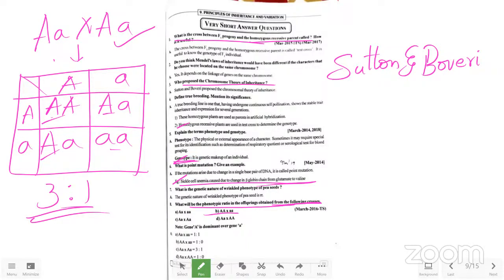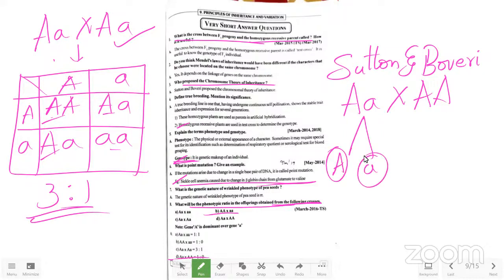Next one, capital A, small a crossed with capital A, capital A. This one we haven't done. Okay. Here, capital A will be one gamete, small a will be another gamete.